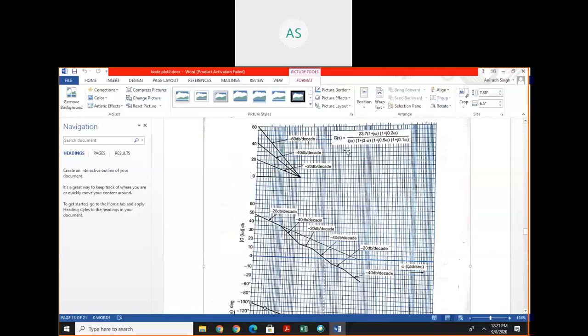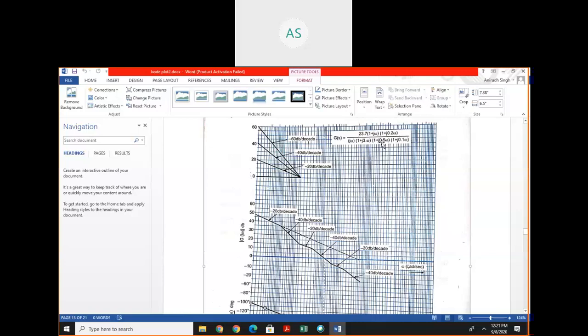And the next corner frequency is 1, and at this frequency one zero is added, so this slope of minus 40 dB per decade is changed into minus 20 dB per decade, because when a zero is added, the change in slope is plus 20 dB per decade.